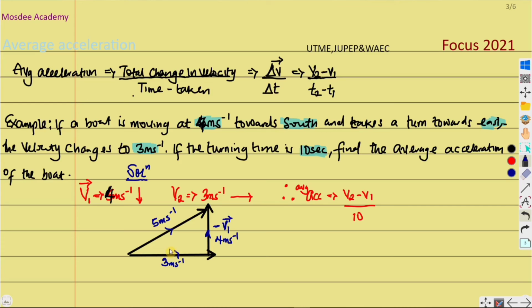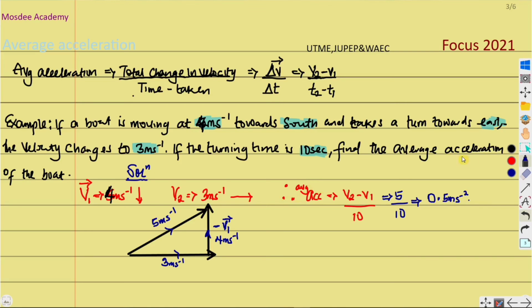Now from our calculation here, v2 minus v1, which is the change in velocity, was 5, divided by 10. So 5 divided by 10 will give you nothing but 0.5 meters per second squared, which is the answer to the question according to the examiner.